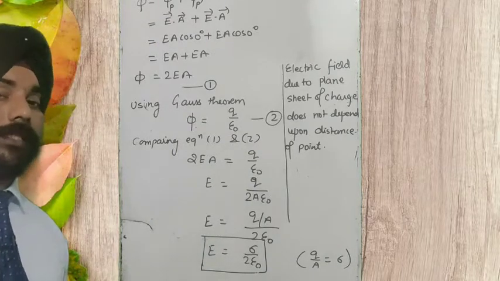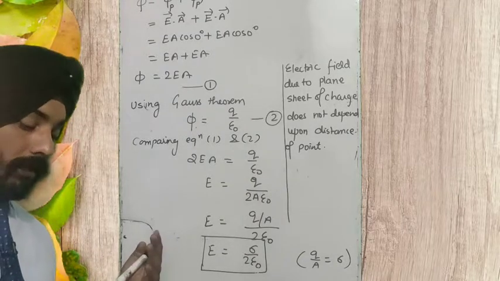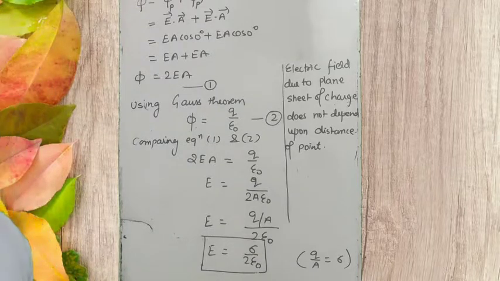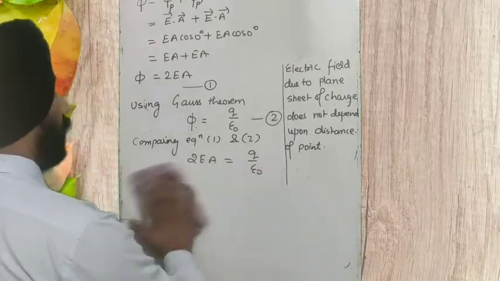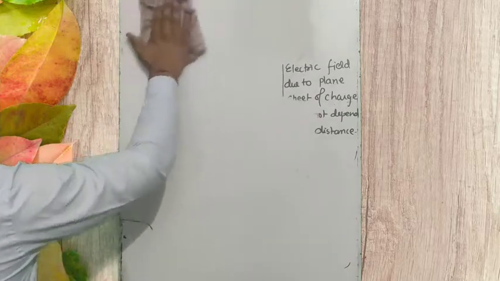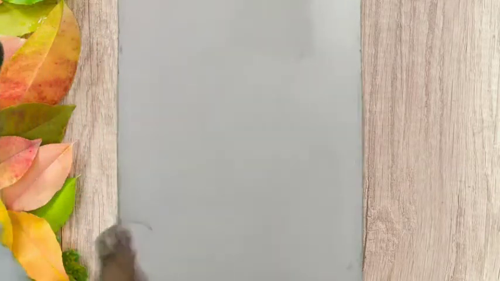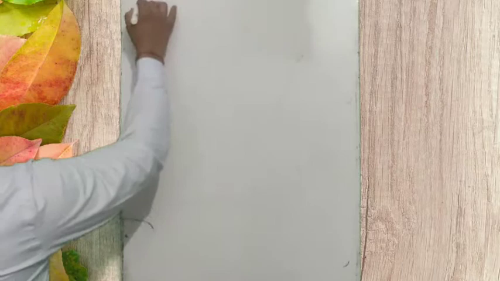So what kind of Gaussian surface you draw for the particular charge distribution, you have to remember for the expressions we are going to derive. Now I have to use this application that we have derived just now for different cases.